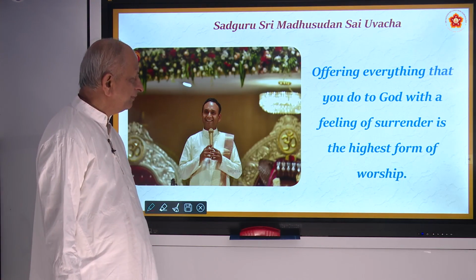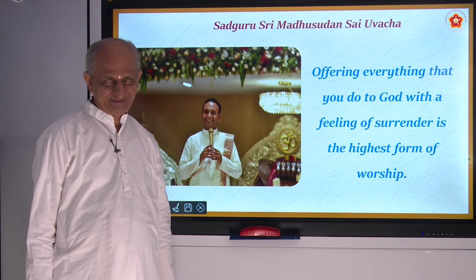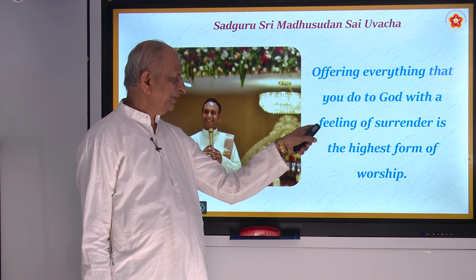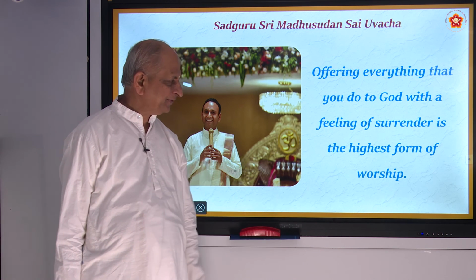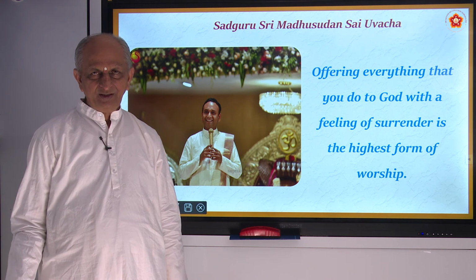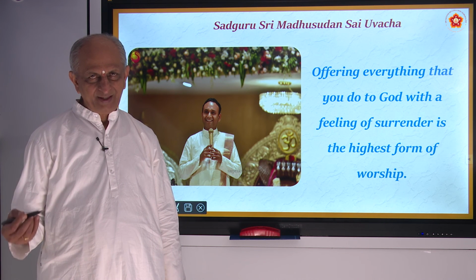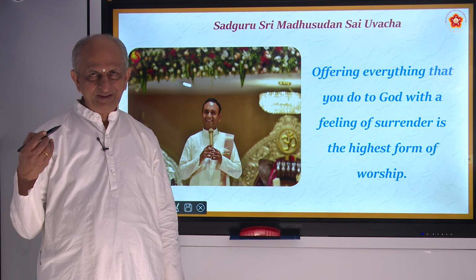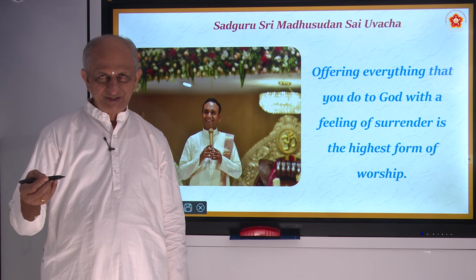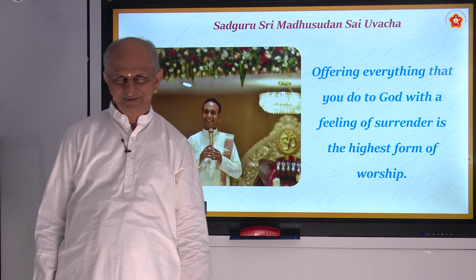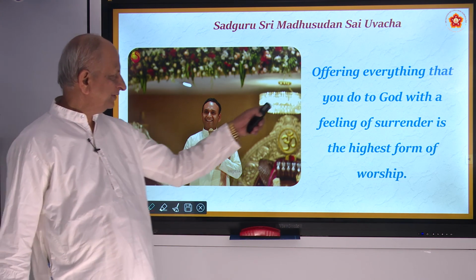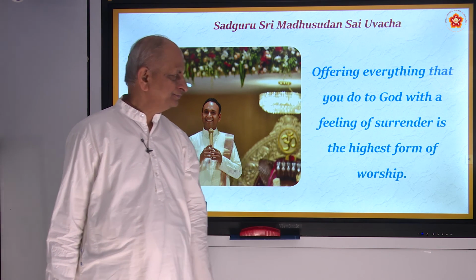Let us see what Sadguru Madhusudan Sai says. Offering everything that you do to God with a feeling of surrender is the highest form of worship. So you may be studying, you may be playing, taking bath, brushing, dressing, all the activities, Baba says you have to offer it to God.